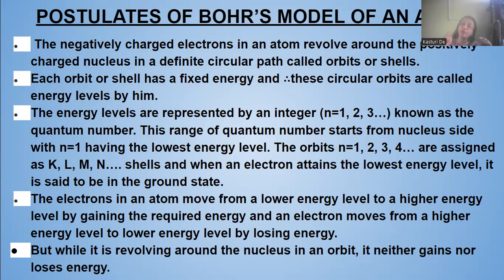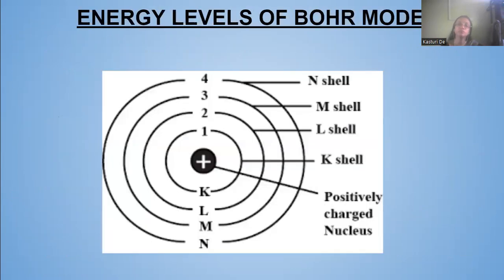It only loses or gains energy when it is moving from one energy level to another. These are the energy levels you can see. This is the nucleus, and the K shell is close to the nucleus, then comes 2, 3, 4, like that, K, L, M, N. Clear?